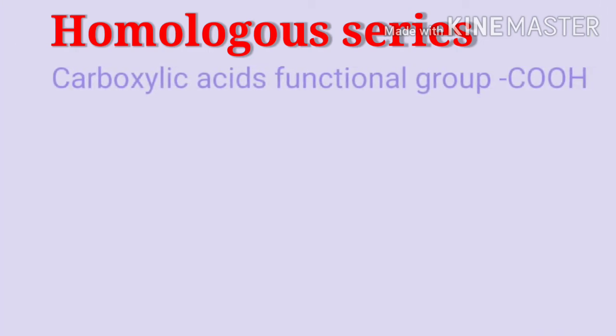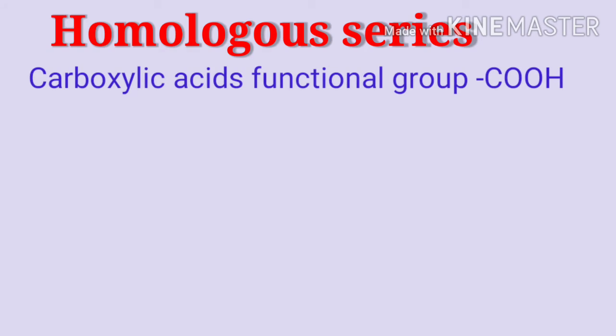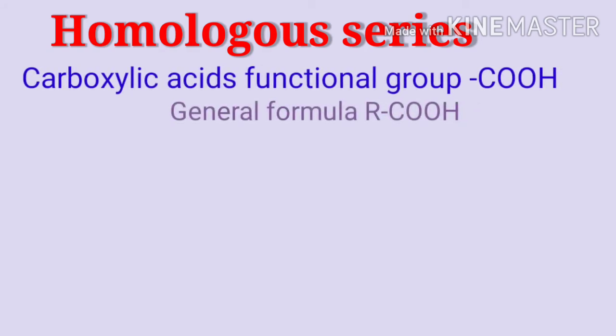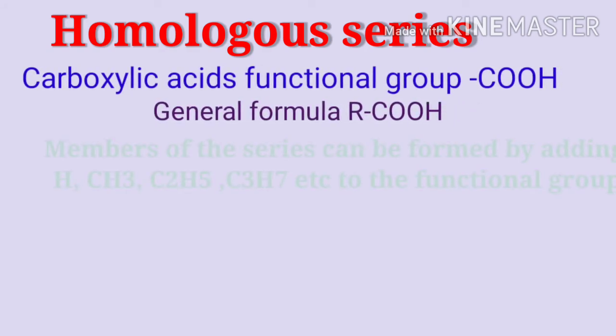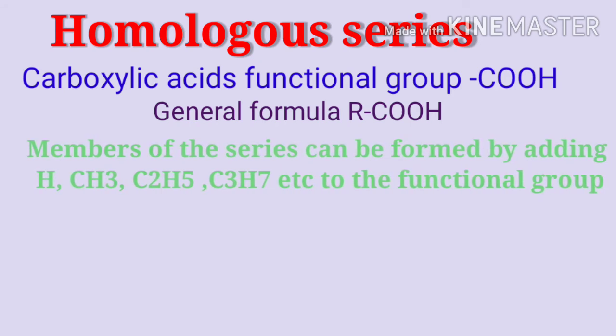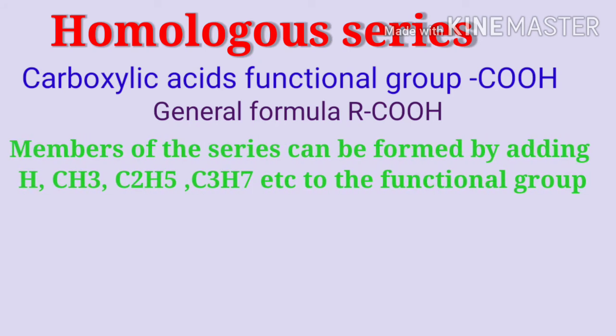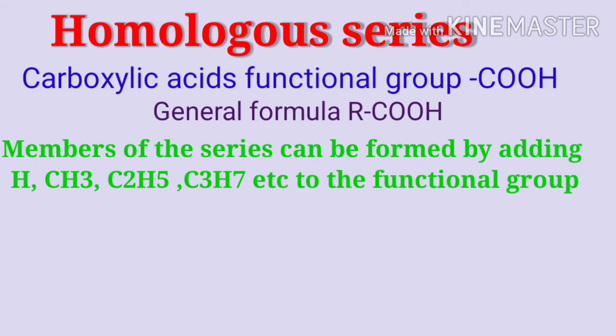Our next series is that of carboxylic acids with functional group COOH. General formula is RCOOH. Members of this series can be formed by adding hydrogen atom or alkyl group like CH3, C2H5, C3H7 etc. to the functional group COOH.